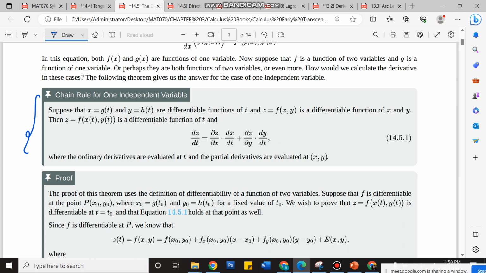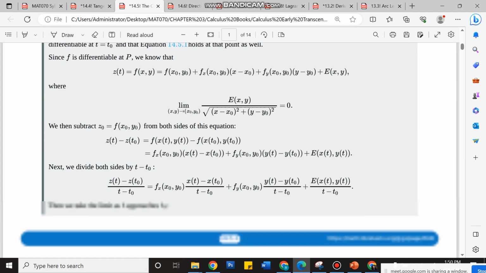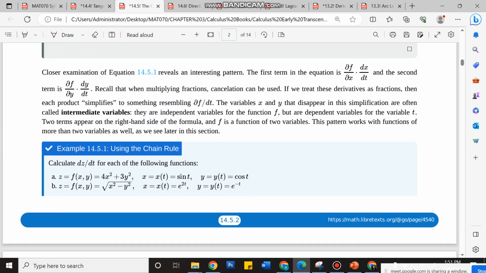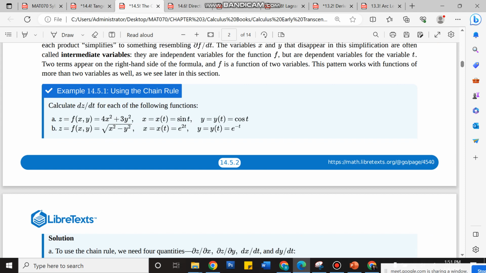Then, we have parameter t. dz/dt is just equal to the derivative of z with respect to x times the derivative of x with respect to t, plus the derivative of z with respect to y times the derivative of y with respect to t. That's the proof sa atong theorem. Sa ato raning gamiton. Okay?